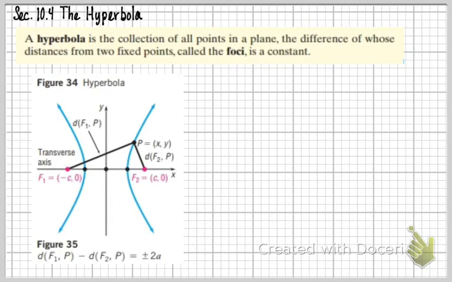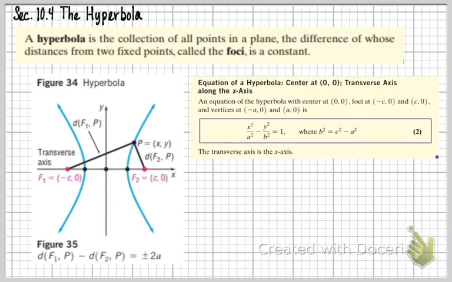Now here's the equation of these hyperbolas in general. Going through some algebra, just like we did for the ellipses, we can come to this result. I'm not going to go through that just for the sake of time, mine and yours. But anyways, take a look at this. This is a horizontal hyperbola, which means it opens up left and right, kind of like we dealt with the parabolas, and also kind of what we dealt with the ellipses.